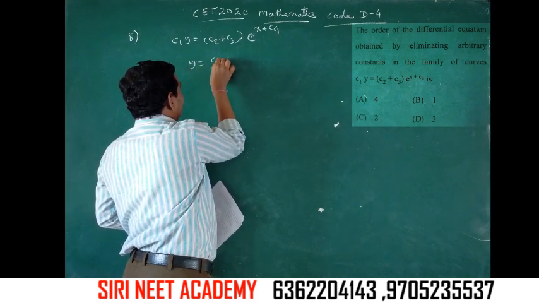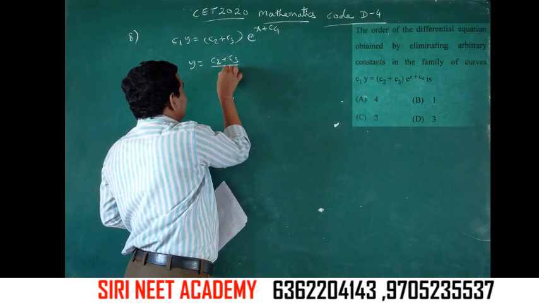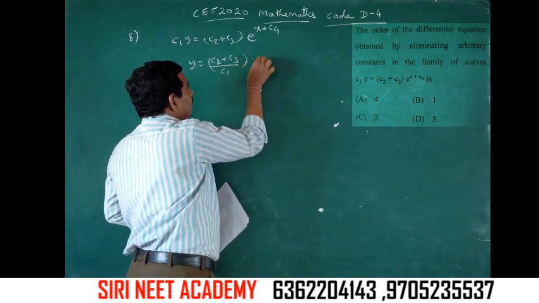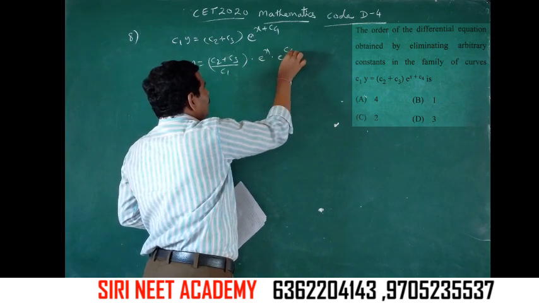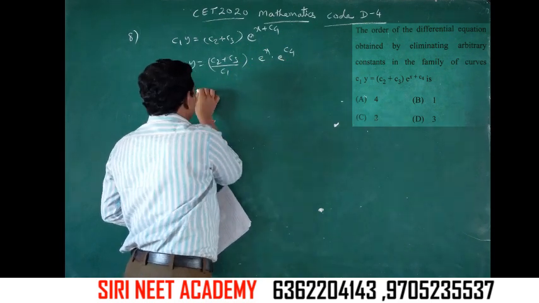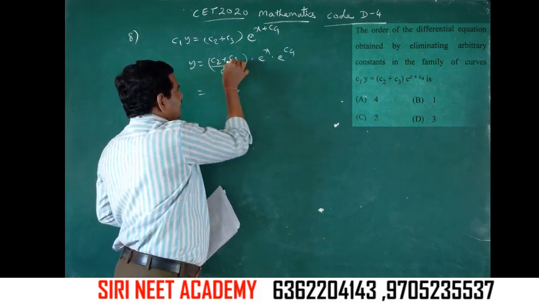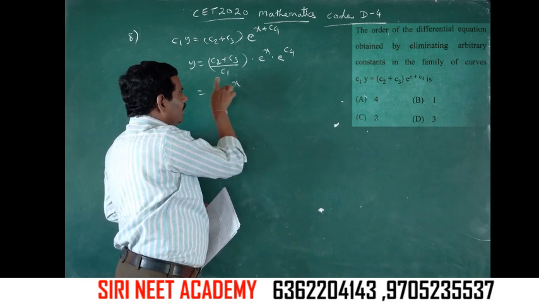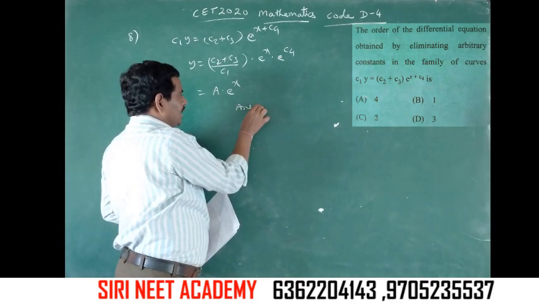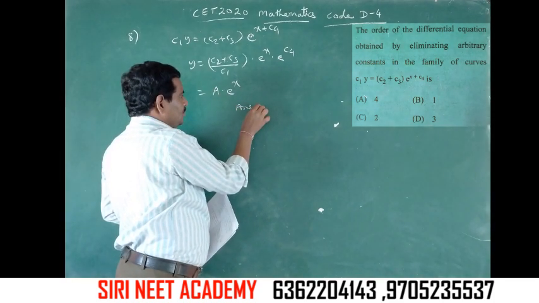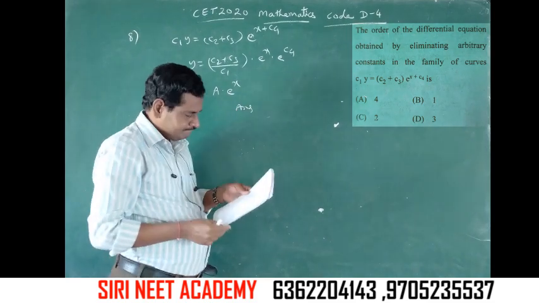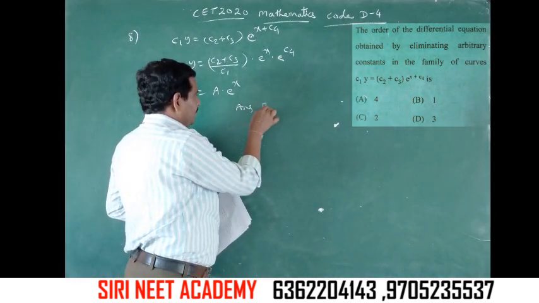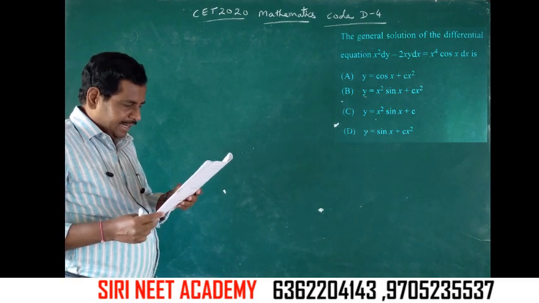So y is equal to C2 plus C3 by C1 into e power x into e power C4. Treating all these as an arbitrary constant A into e power x. Only one arbitrary constant, so its order is 1. So answer second option.